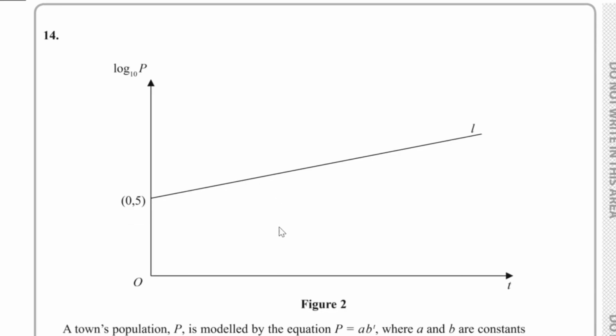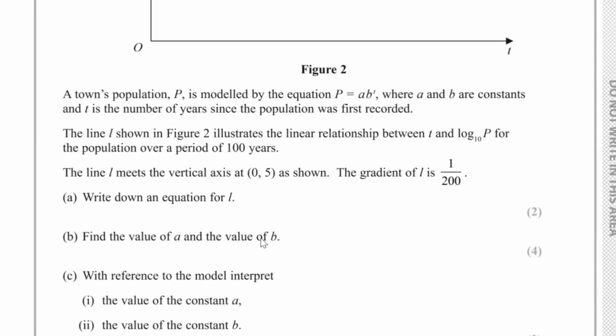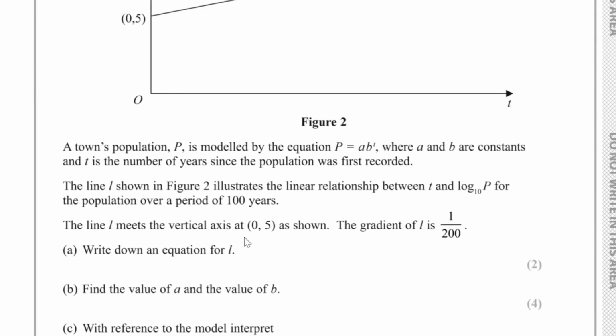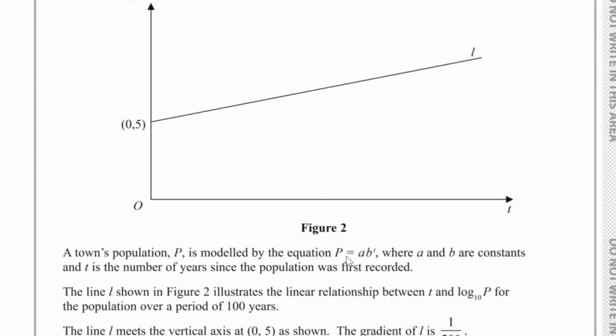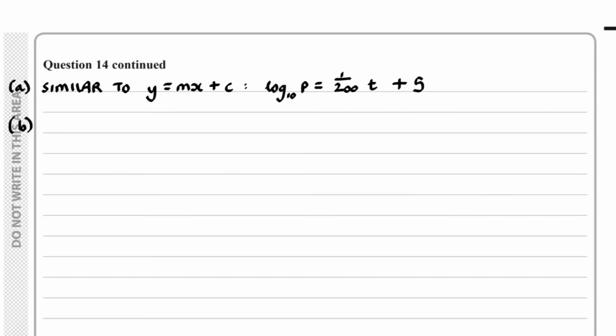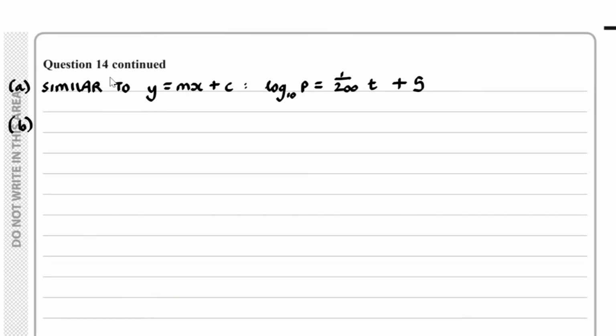Now for part B of the question, we have to find the values of a and b. Now, we've got the equation P equals A B to the power of t. So if I replace the P with A B to the power of t, I have log base 10 of A B to the power of t equals 1 over 200 t plus 5.